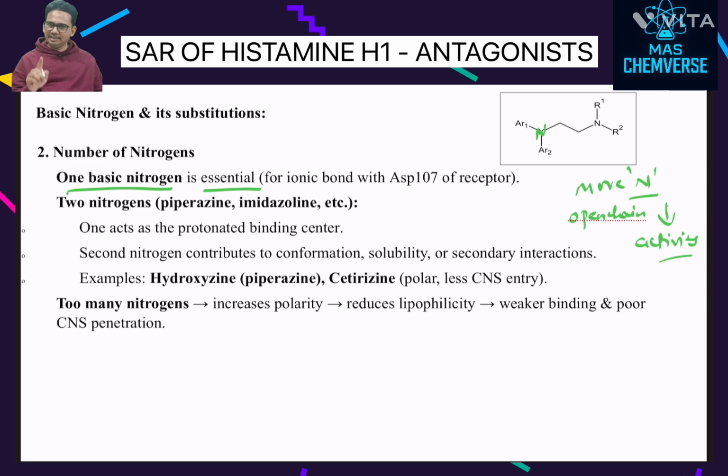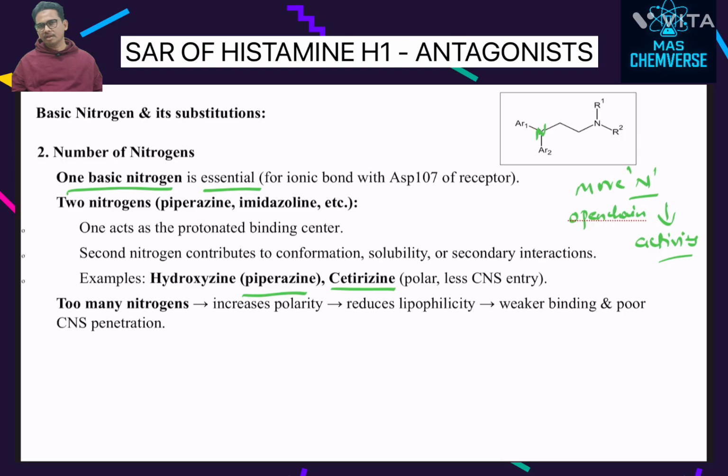One nitrogen should be there, and its orientation should be at the correct place. If it is present at the right place, it produces more activity. More nitrogens at the wrong place, the activity decreases; those will be less active. Because you might know, for example, cetirizine, piperazine, the polarity will be more in those compounds.